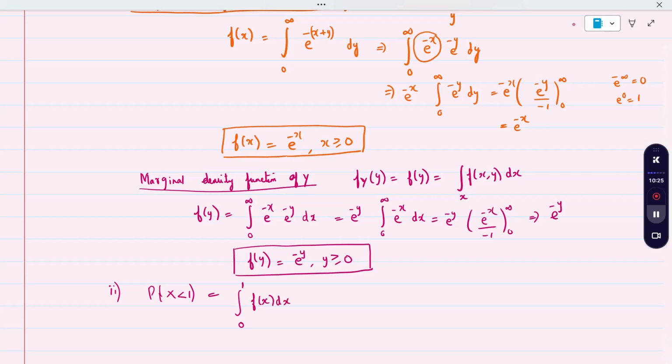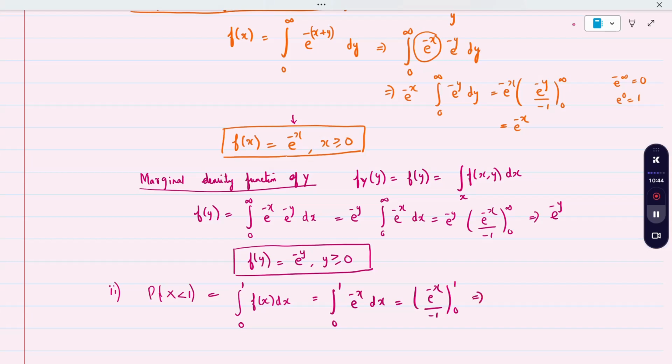F of x we have already calculated, and it is e to the power minus x. So it is the integral from 0 to 1 of e to the power minus x dx. Integrate it and you get your answer: e to the power minus x integrates to minus e to the power minus x, from 0 to 1.